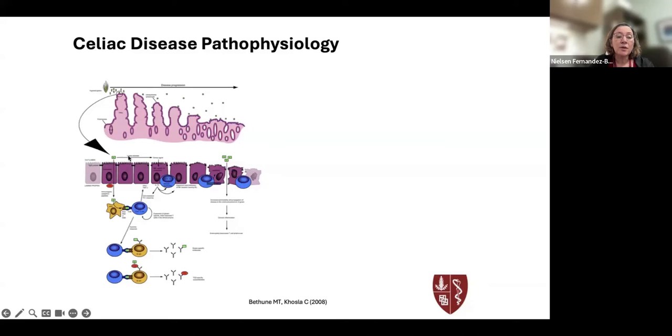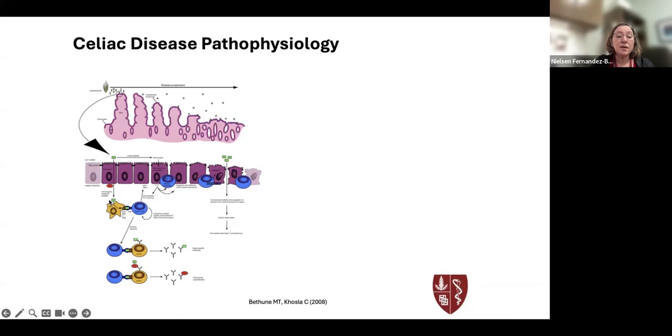And what you have here is that gluten somehow gets past those epithelial cells into that lamina propria compartment where the immune cells are. There's also a protein called tissue transglutaminase, which is critical for the pathophysiology of celiac disease, that modifies gluten.